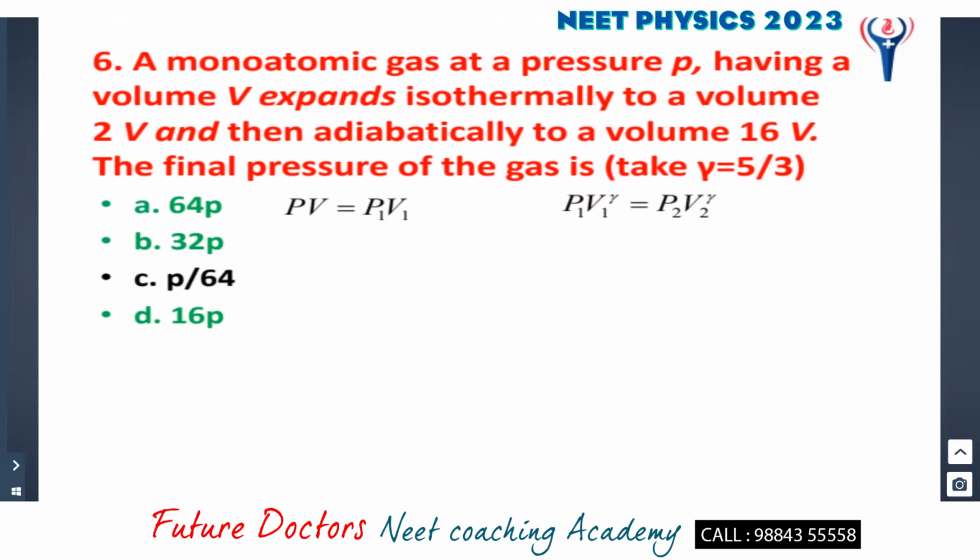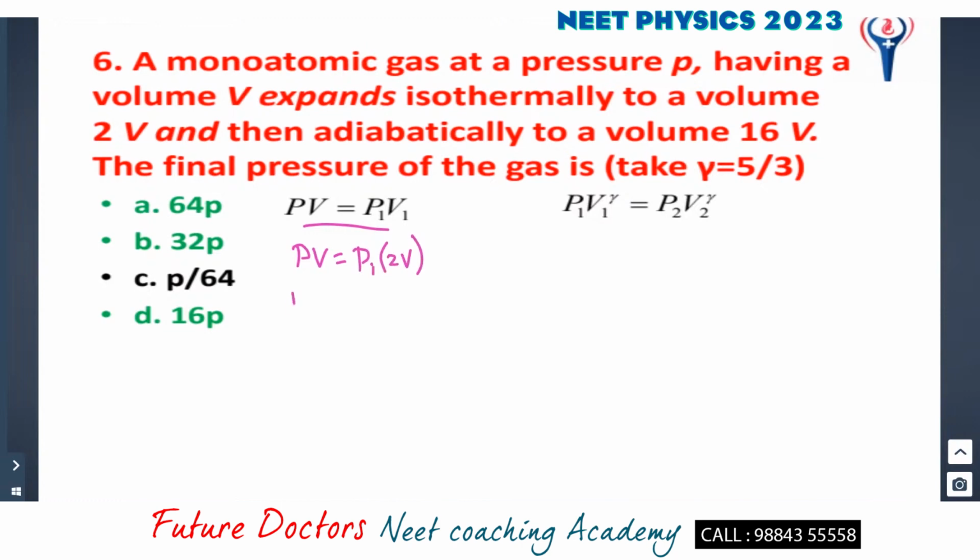And work done, that is the isothermal process. The equation of state for an isothermal process is PV equal to P1V1. Here V1 equals 2 times the volume, so P into V equals P1 into 2V.